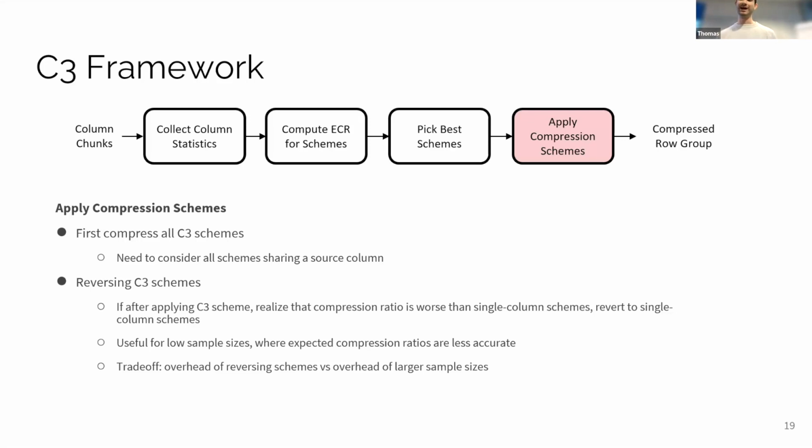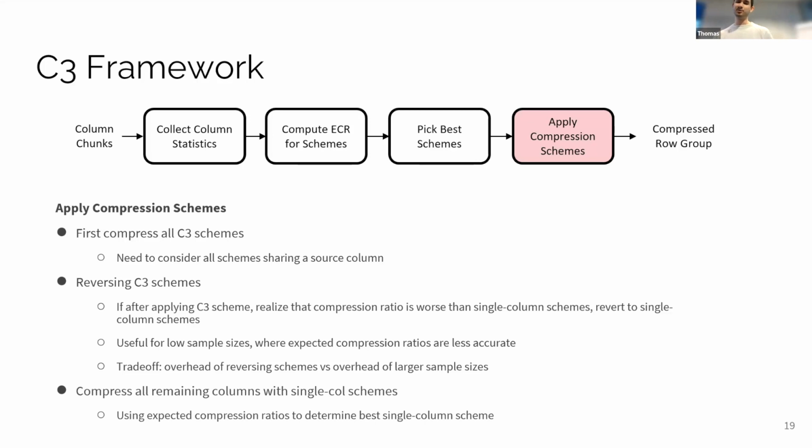So the trade-off we have is the overhead of reversing these C3 schemes and the overhead of using larger sample sizes. After this step, all remaining columns which haven't been compressed are compressed with the best single column schemes, which are determined by the expected compression ratios computed previously.